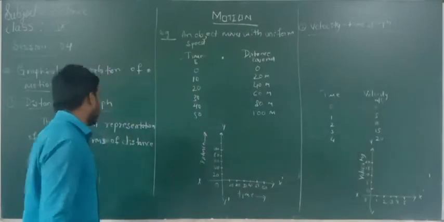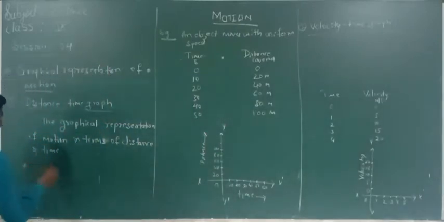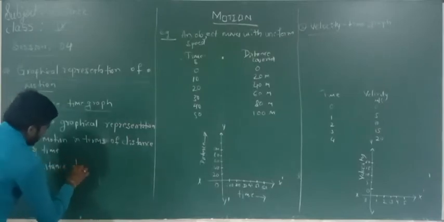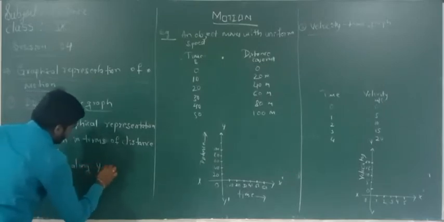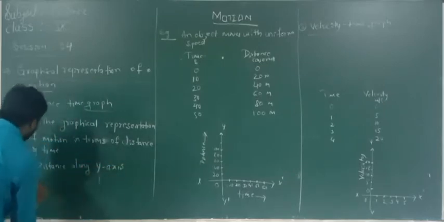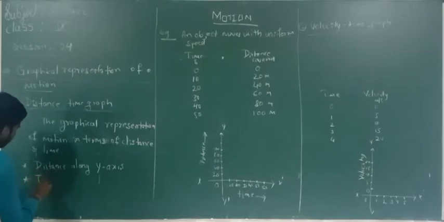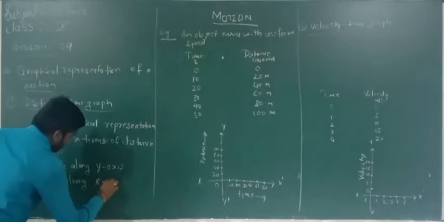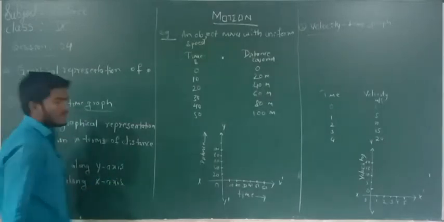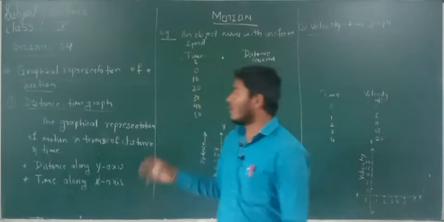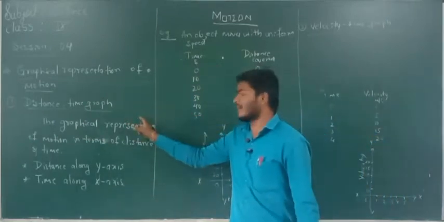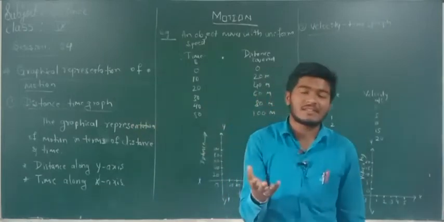What we are going to do here is take distance along the y-axis and time along the x-axis. We represent the motion of an object in terms of a distance time graph, and we get a curve.